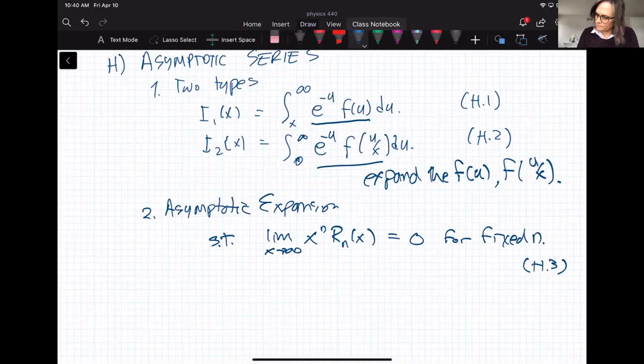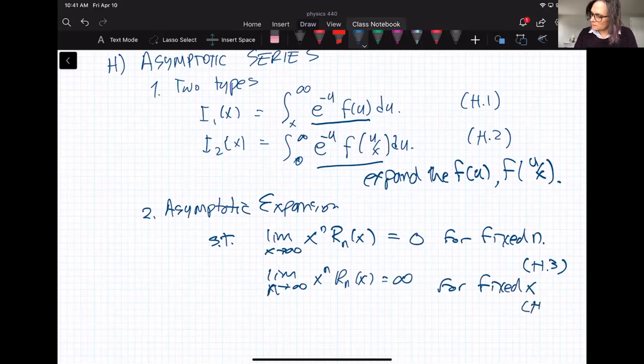Or, as n goes to infinity, x to the n r sub n of x equals infinity for fixed x.